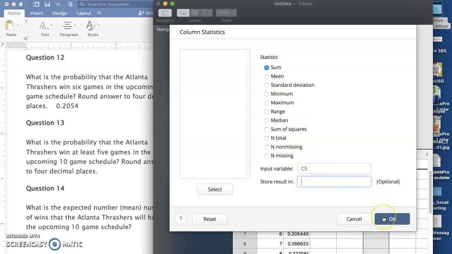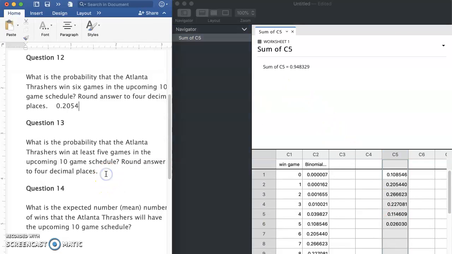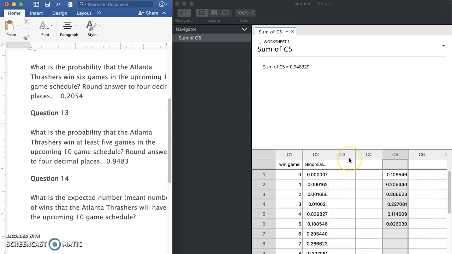So that's the probability of 5, 6, 7, 8, 9, and 10, which is at least 5. I click OK. It sums that up for me, and you can see it up here. So the sum of these numbers that I was looking for is 0.9483, and behind the 3 is a 2, so I know that stays a 3. Okay, so that is how you use Minitab to compute that.